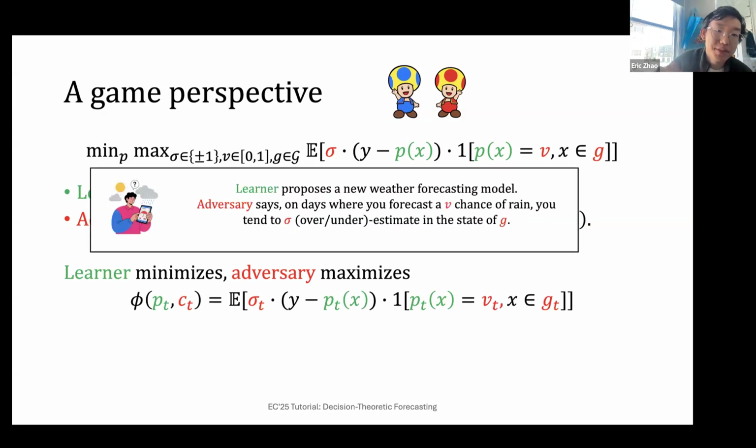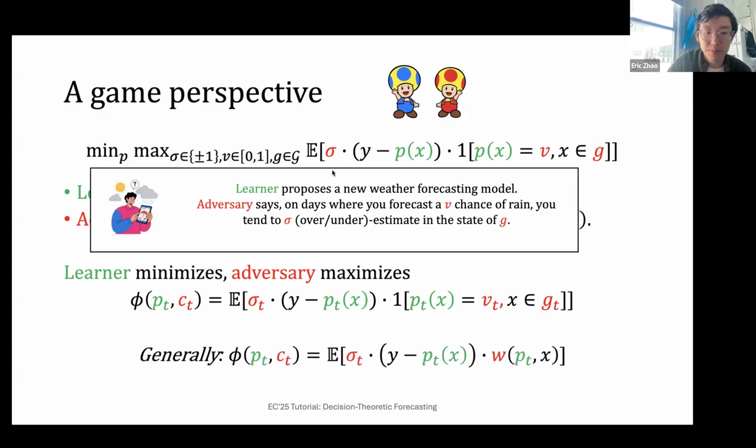One way to interpret this is that my learner's job is to constantly propose new weather forecasting models. And my adversary's job is to point out, okay, on the days where you forecasted a 50% chance of rain, you've tended to overestimate the chance of rain in the state of California. So that's a place where you're violating this multi-calibration guarantee by quite a bit. One thing I will briefly say is this was written for multi-calibration just to make it more concrete.